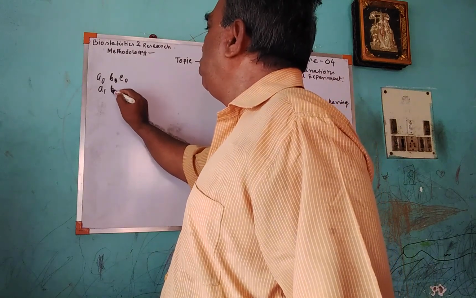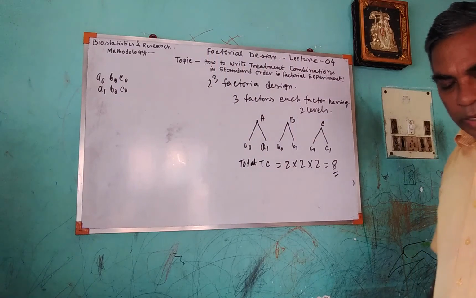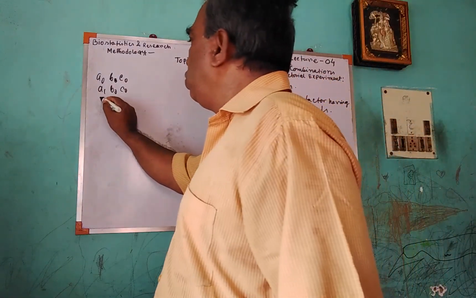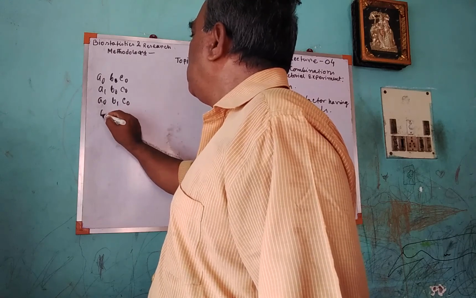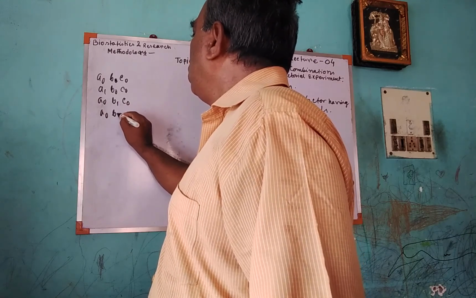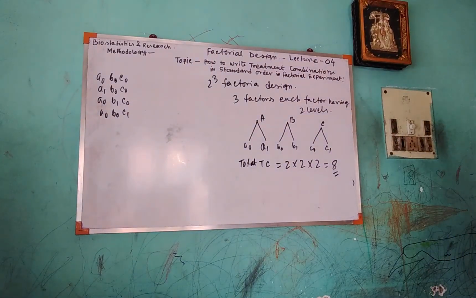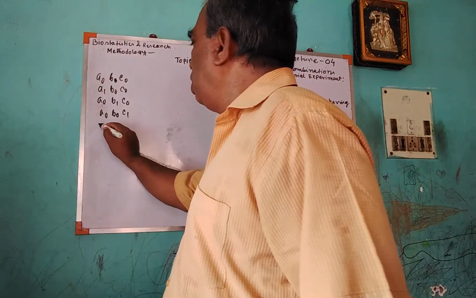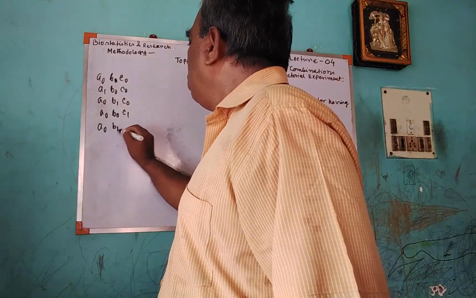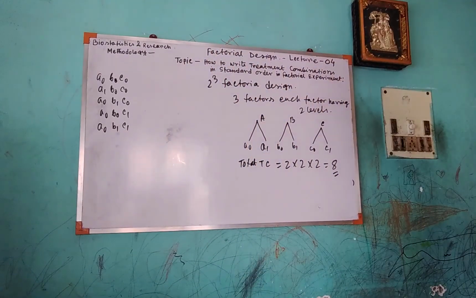Then A1, B0, C0, then A0, B1, C0, then A0, B0, C1.